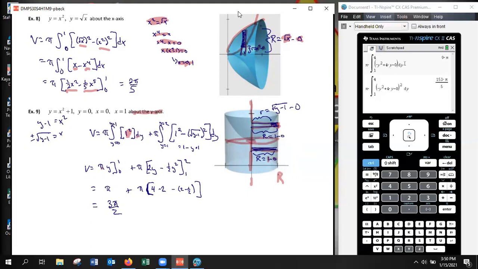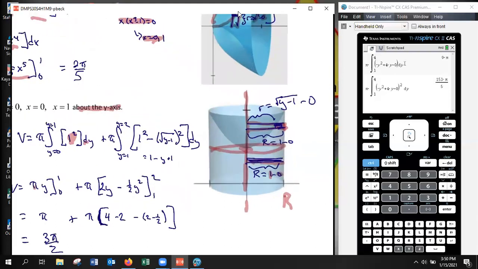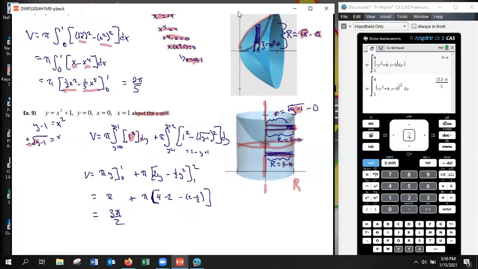So pi r squared times the height is going to give us this part of the cylinder. Now the second portion is where we have a washer. So the bottom part is really more of a disc, where the top part is more of a washer, where the outer radius is going to be 1, which is what we see here, minus 0. The inner radius is going to be our function in terms of y, which is what I did over here.